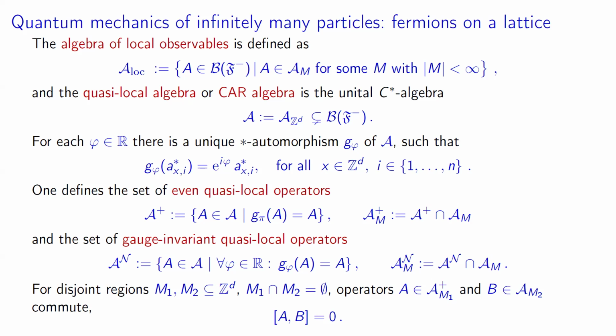Usually we have these anti-commutation relations, but if one is even, it commutes with everybody else that has disjoint support. And you will see that this locality structure will be extremely important for everything we will be doing. That we can look at this infinitely extended system locally. And this basically is the key ingredient for that.